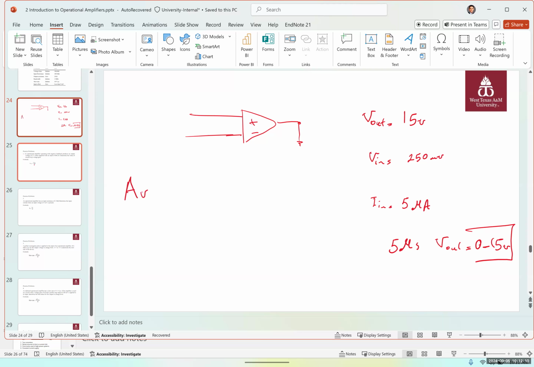We want to find the gain. We want to find the input resistance or the input impedance, and we want to find the slew rate.